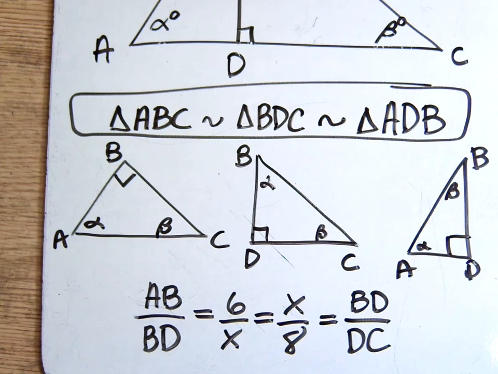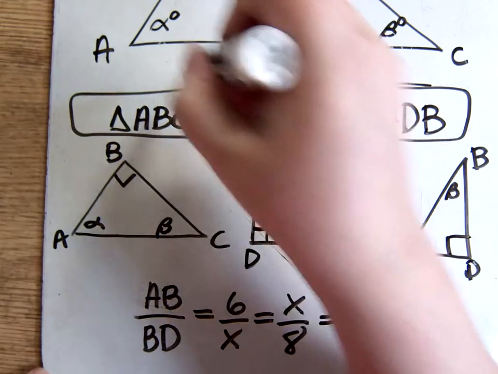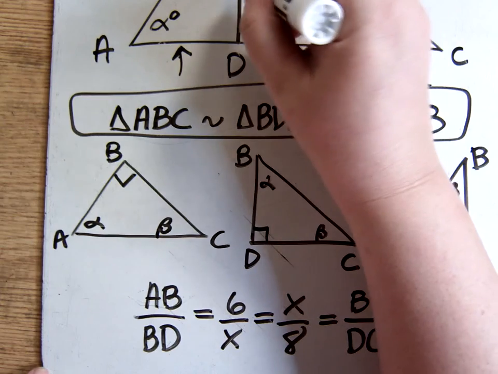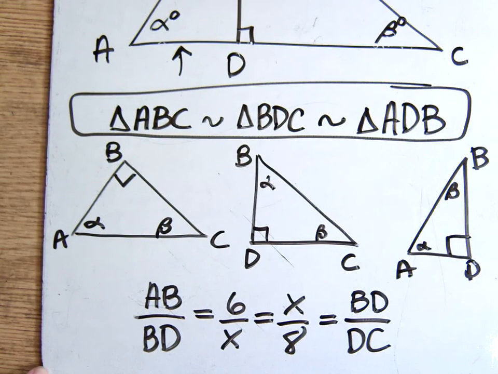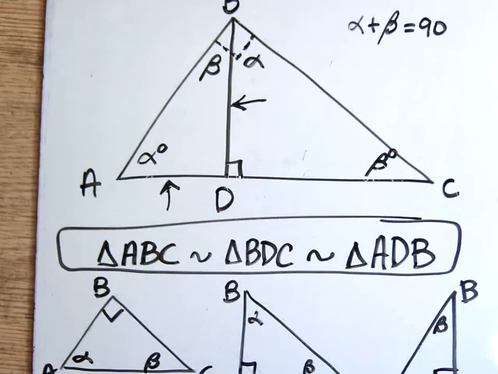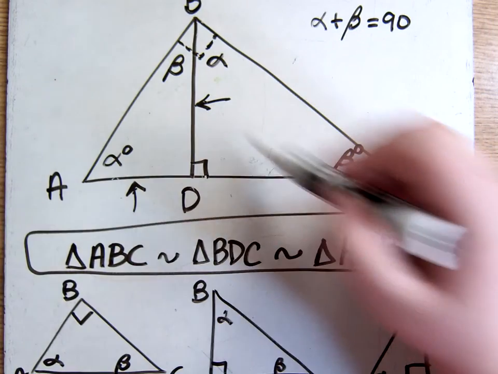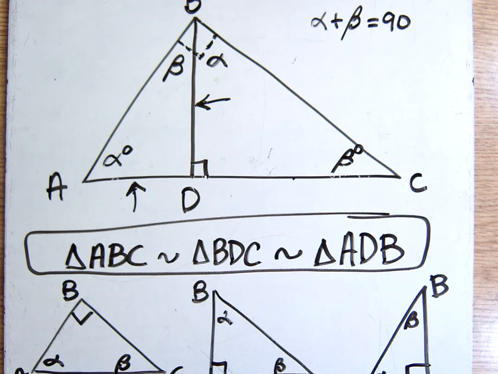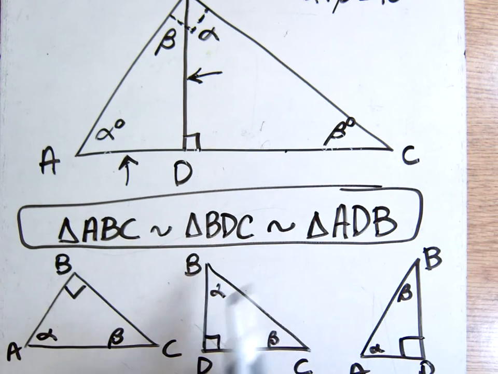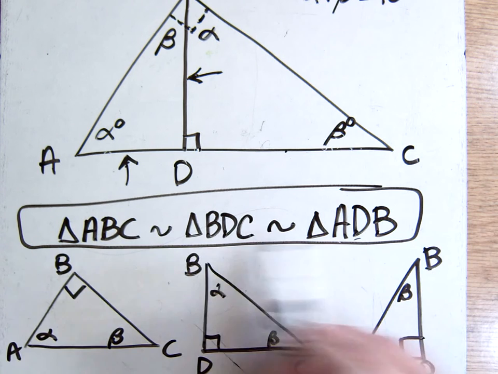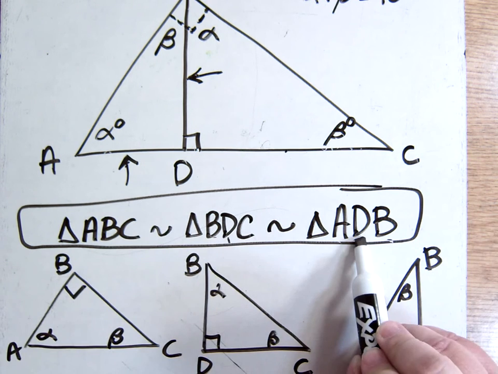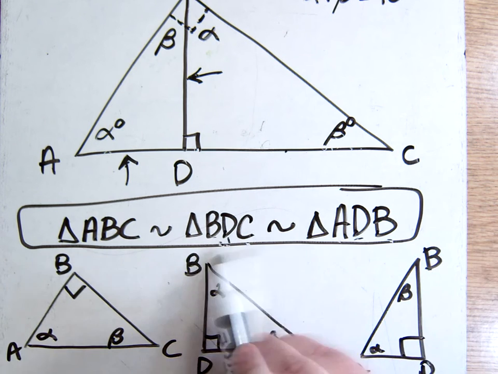AB over BD is this leg of the smallest triangle over the other leg of the smallest triangle. Okay? So leg over leg of the smallest triangle is also going to give me leg over leg of the medium-sized triangle. So in terms of these two sides, here we go. AD over BD equals BD over CD. It's these two triangles that we're really using.